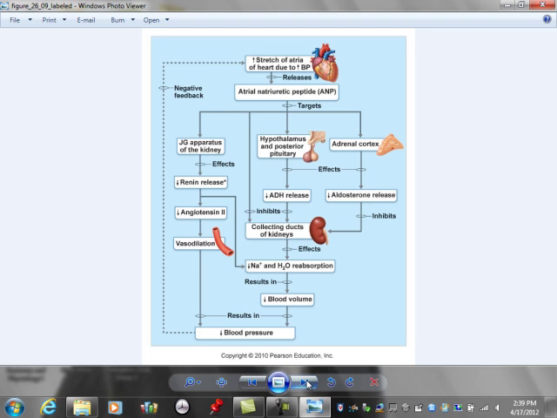What's ANP? Atrial something peptide. Atrial natriuretic peptide. And this is going to be released by cells up and around that vena cava region when blood pressure starts to, well, actually aortic region, I'm sorry. When blood pressure does what?